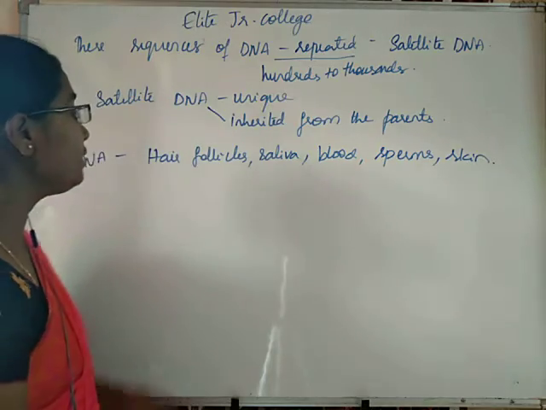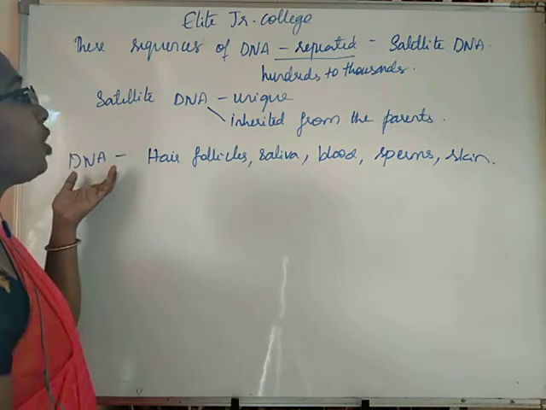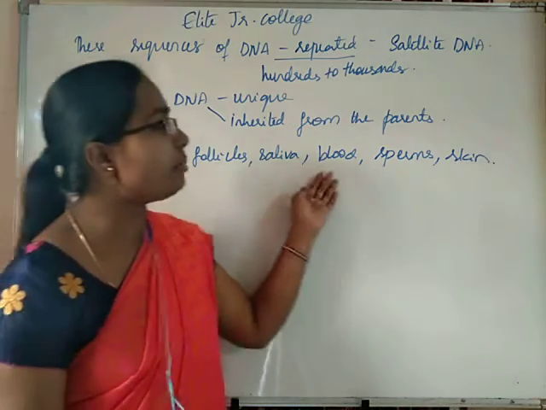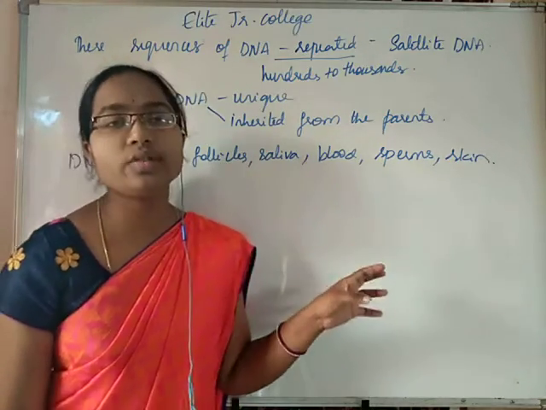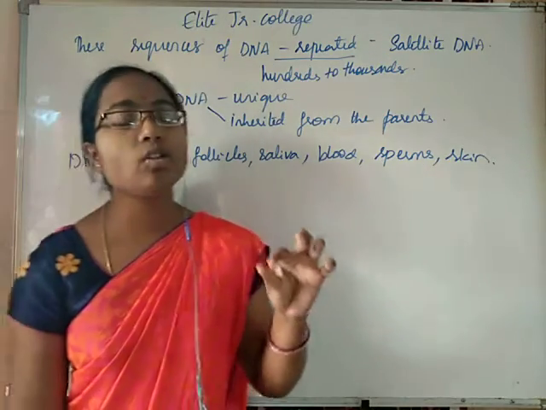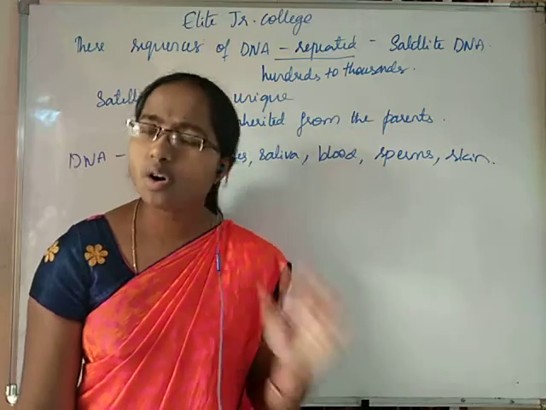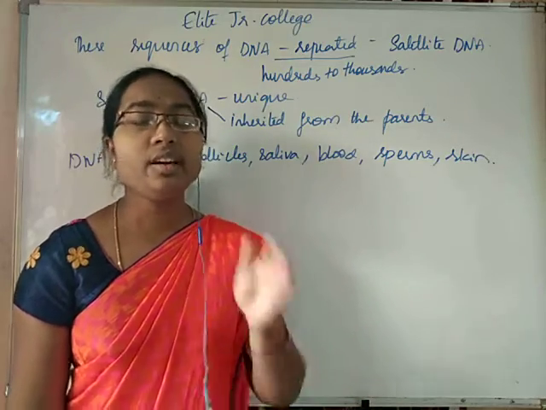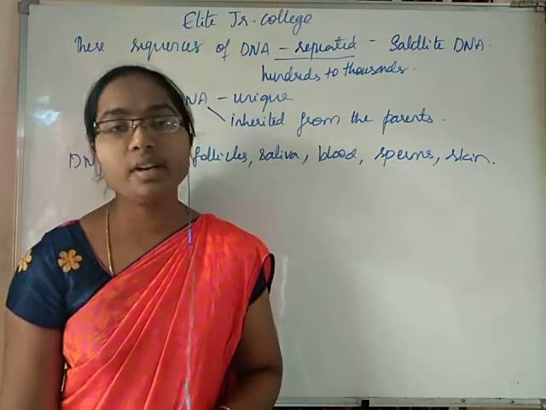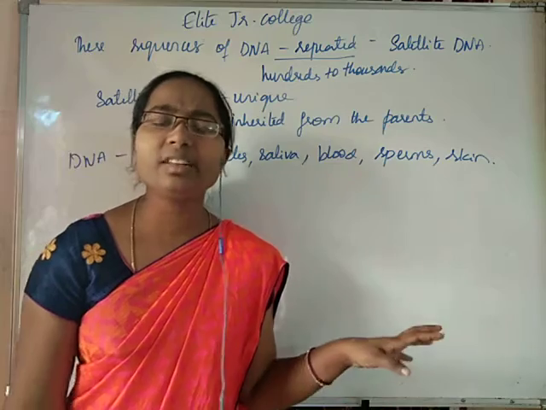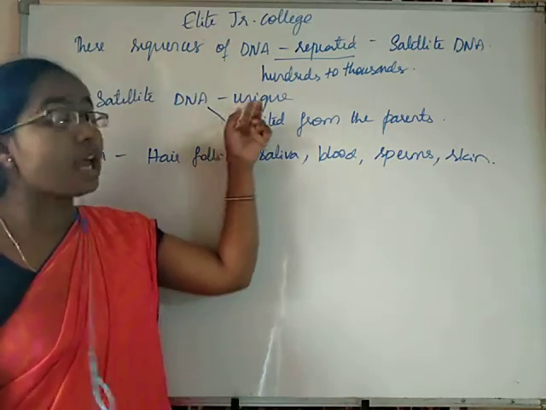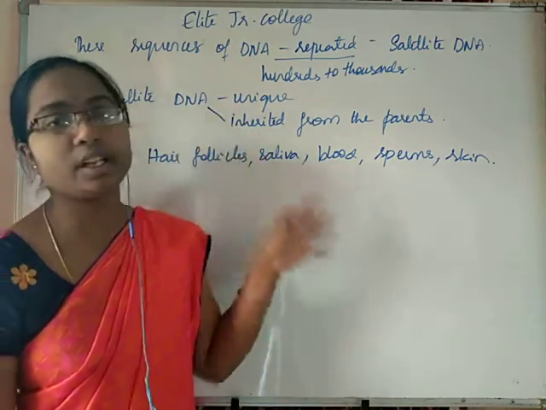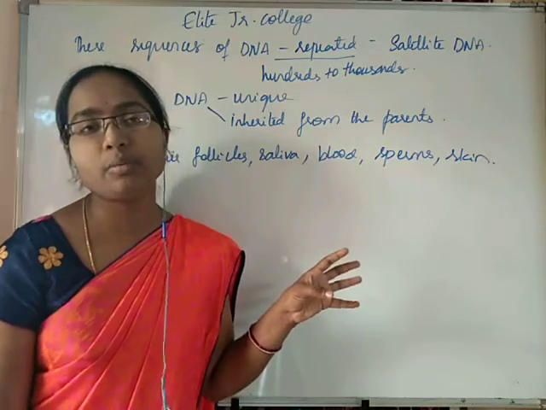Because the DNA can be obtained from hair follicles, saliva, blood, sperm, skin and any other tissue in the body, all of them show the same kind of repetitive sequences, because any cell in the body shows the same kind of repetitive sequences, and every individual's repetitive sequences are unique to them only.